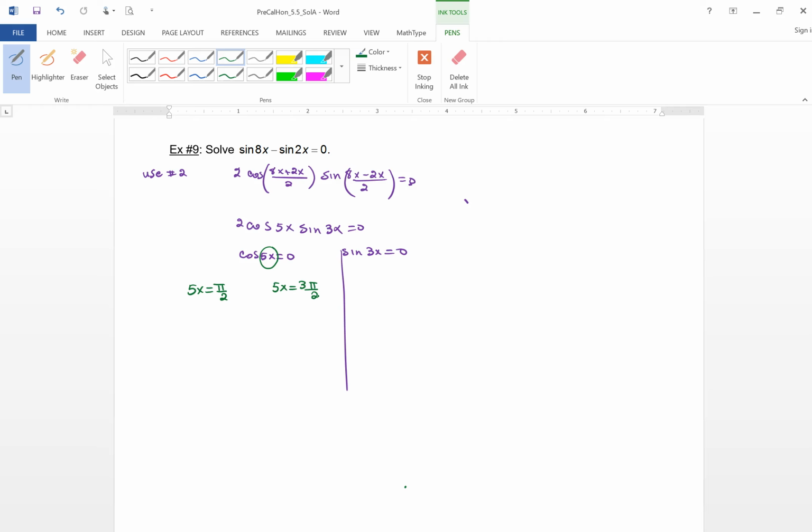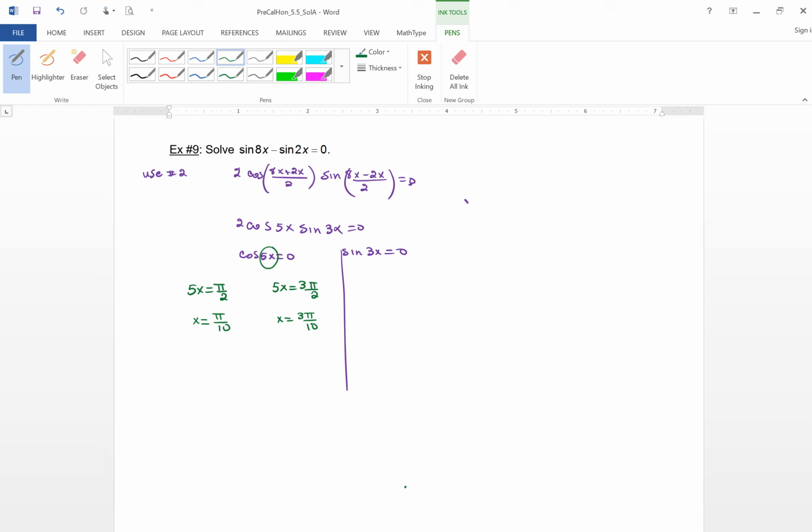Either or. Okay? So now what's x equal to then? Pi over 10. And x here is equal to 3 pi over 10. Now, this is over the interval negative to positive infinity.